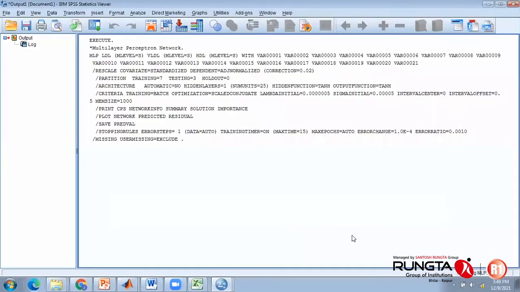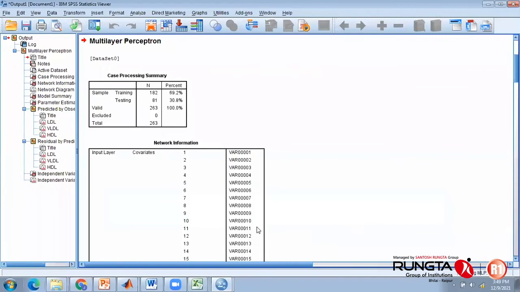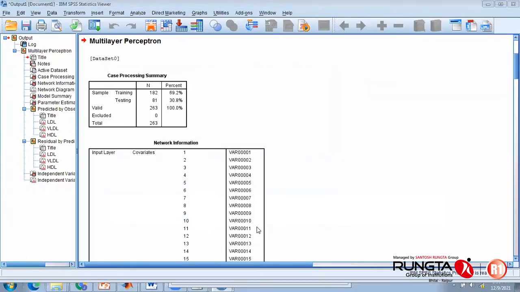Excuse me, sir, in the chat box, I think that question was related to ANN. Sir, how are covariates different from factors?